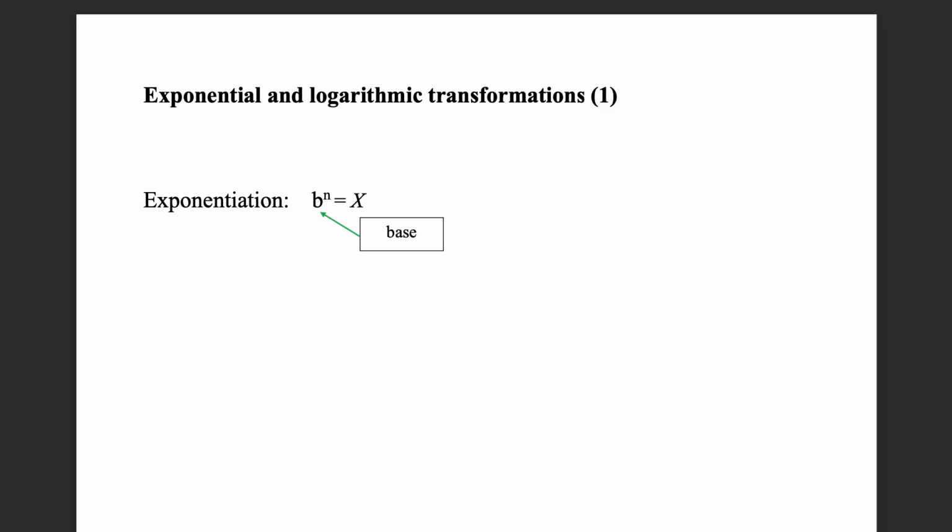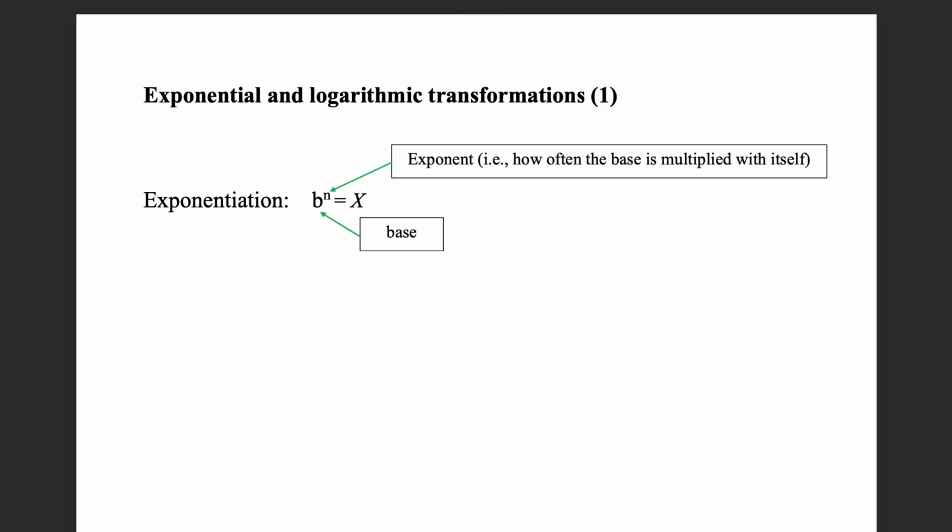And what is the n? Well, the n is the exponent. The exponent is the number we plug into n, which indicates to what power we are raising our base number. In other words, how often do we multiply the base number with itself? Because taking something to some power means multiplying that value with itself as many times as captured by the value of the exponent.